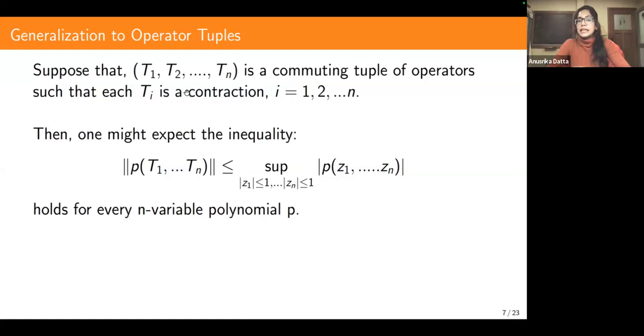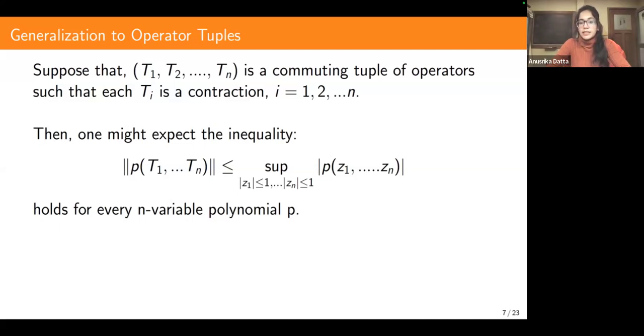Here we are considering an n-tuple of operators, T1 to Tn. They are a commuting tuple of operators, and we consider each of them to be a contraction. Then we should expect that this inequality holds, right? Similar to von Neumann's inequality.